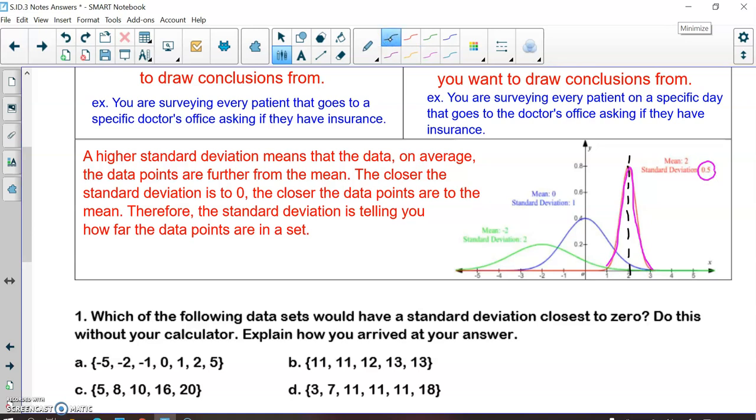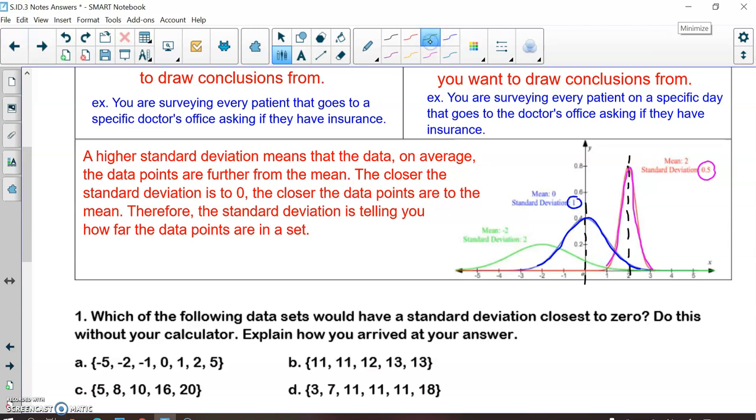Now for the blue bell curve, my mean is here because it's where the line of symmetry would be. And for this one, we notice that this blue bell shape is a little bit wider than my red bell shape was, so we can expect it to have a higher standard deviation, which it does.